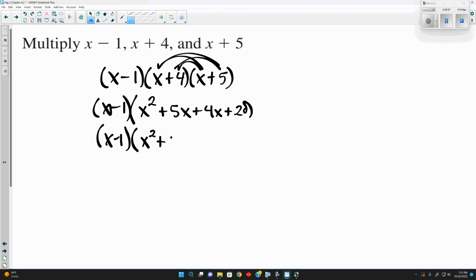And at this point here, we can combine like terms, which will give us x squared plus 9x plus 20. And if you do have more than one that's being multiplied together, make sure to combine like terms before you do the second multiplication. Any questions on this so far? I'll give you all a second to catch up if you need.